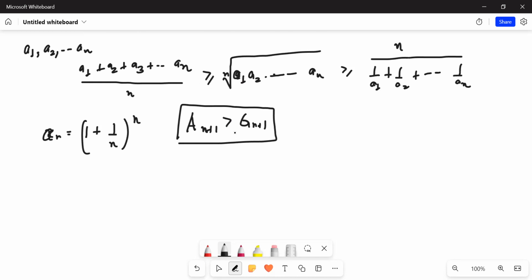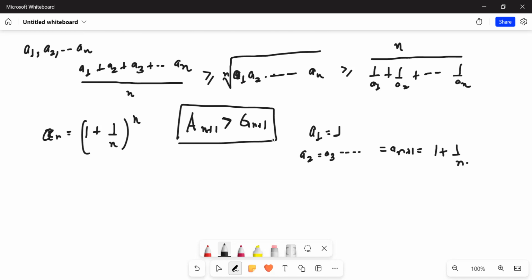If all these numbers are not equal, then I will write the stricter inequality. I'll use a1 as simply 1, and all other numbers, a2, a3, ..., an plus 1, I'll write as 1 plus 1 upon n.